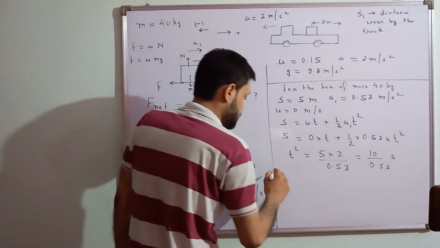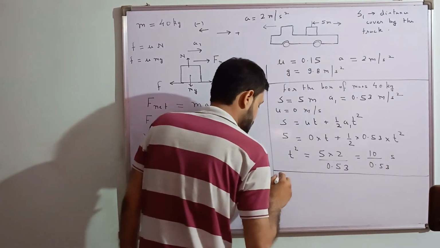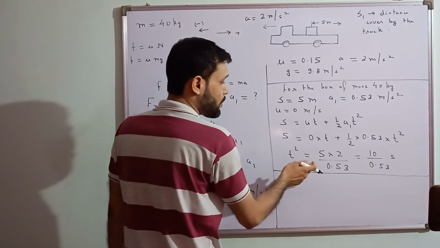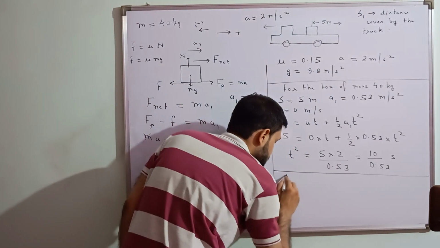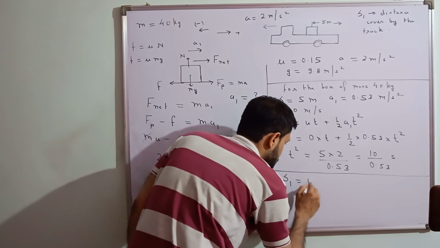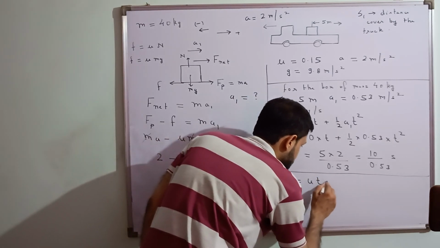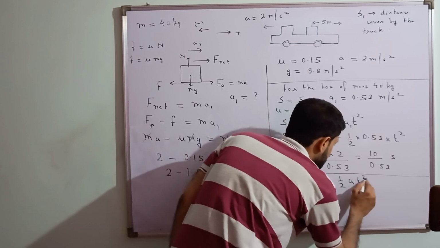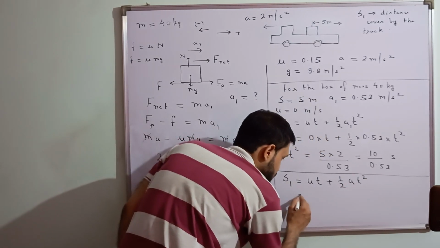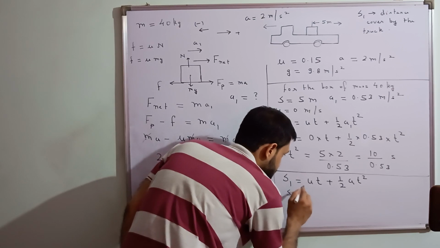So now S1 will be equal to how much? Let's do it. What is the acceleration? Acceleration is 2 meter per second square this time. So S1 is equal to ut plus half a t square. So initial velocity we know is 0.